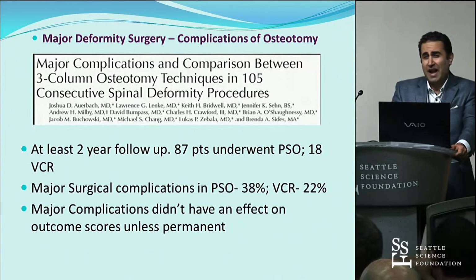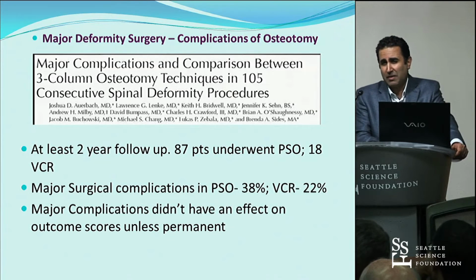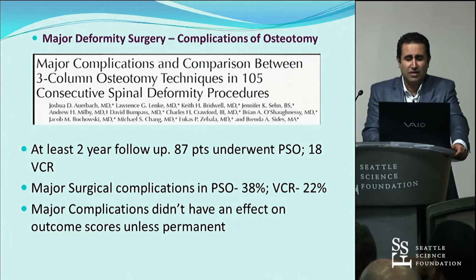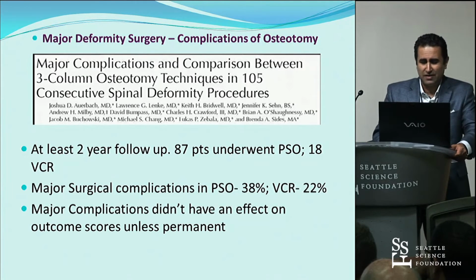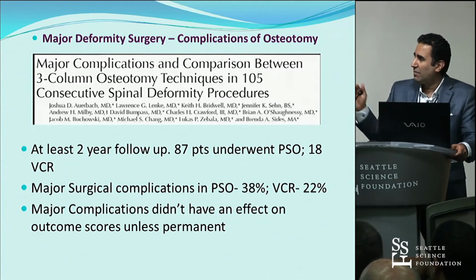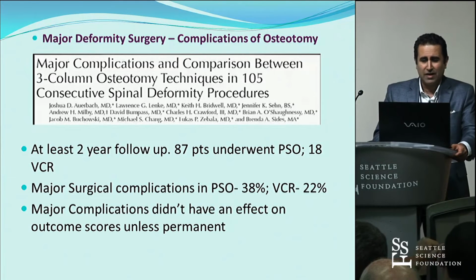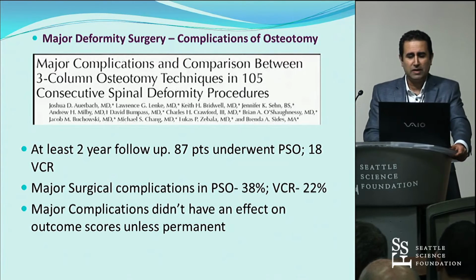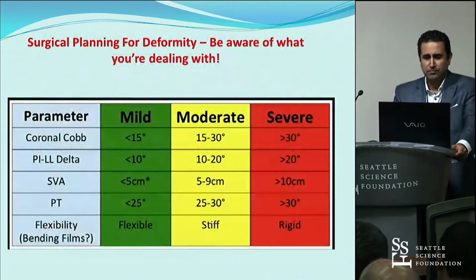Now, they didn't actually demonstrate an impact on the outcome unless they're permanent, which is obvious. But nonetheless, these are very high statistics, and they're done by well-seasoned players in the deformity field.